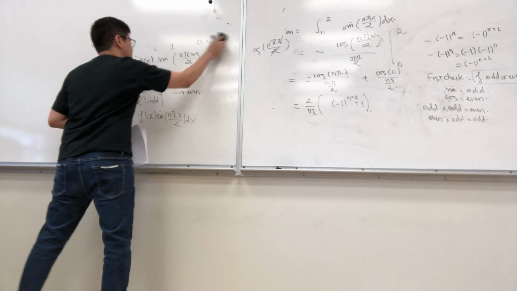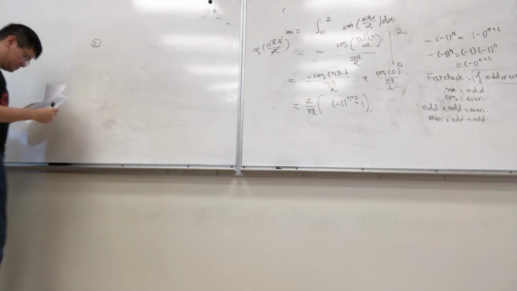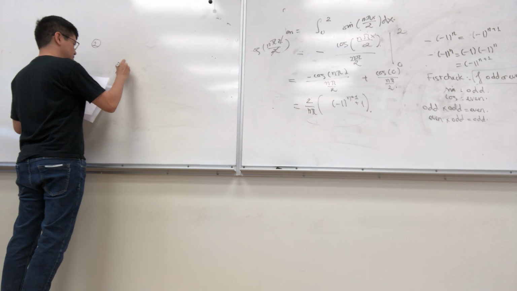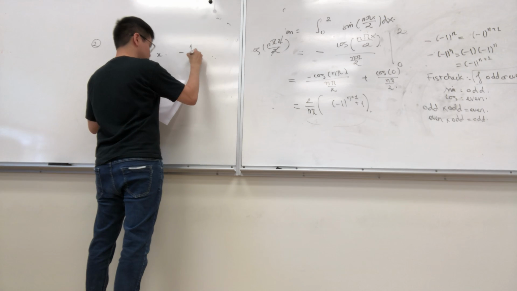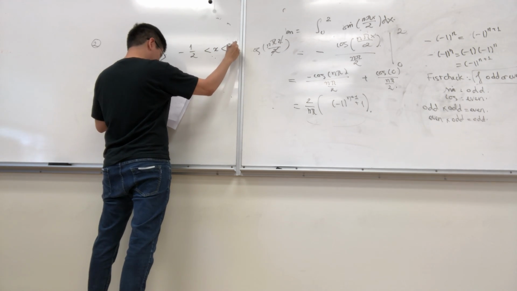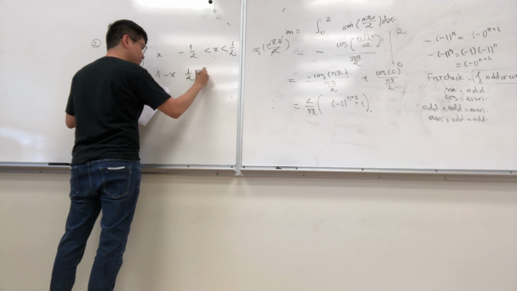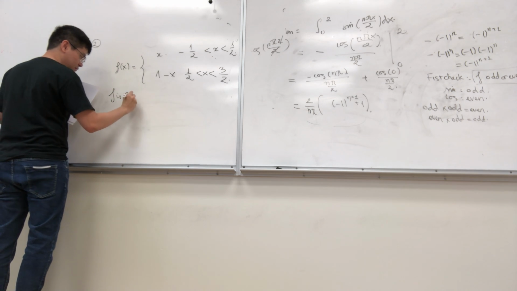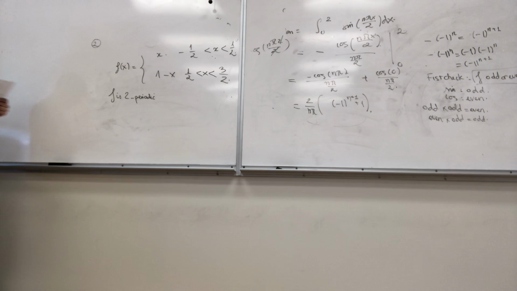So now I have a function f of x. This is x when x is from -1/2 to 1/2, and it is 1 minus x when x is from 1/2 to 3/2. All right, and f is 2 periodic.